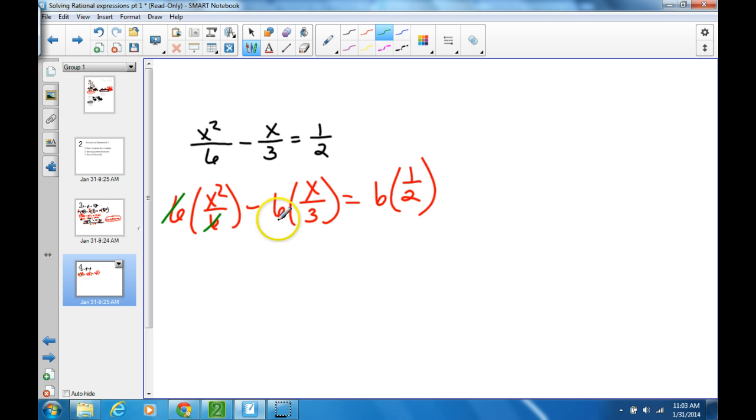How many times does 3 go into 6? Twice. How many times does 2 go into 6? Oh, I put a 3 there. It should have been twice. I got ahead of myself. So now I'm left with x squared minus 2 times x equals 3 times 1, which is just 3, right?